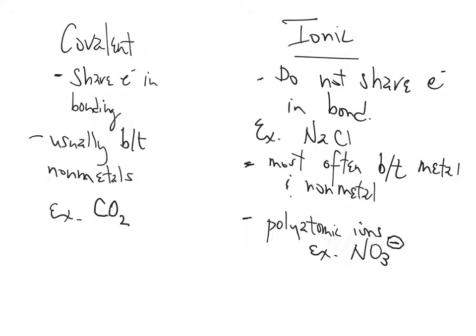So one other thing, trying to determine the charge of the ions and writing out the chemical formulas. Let's just do some examples. There are certain, like the transition metals, there are times that they can form more than one ion.